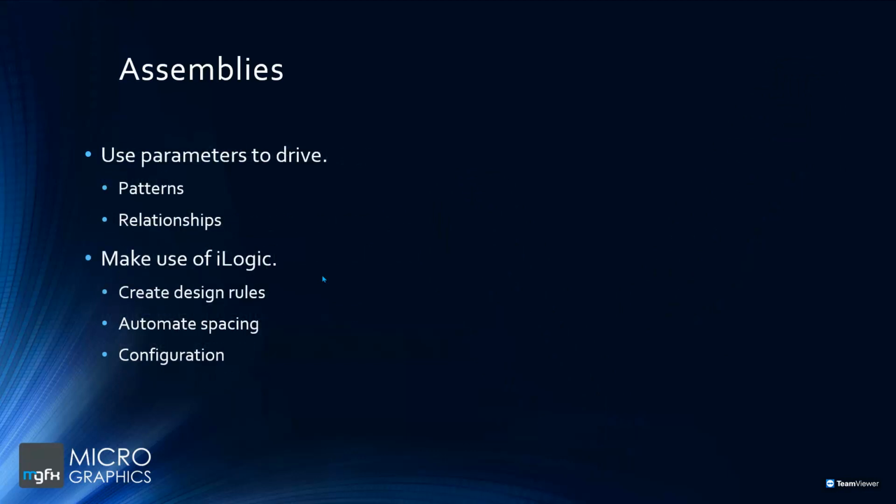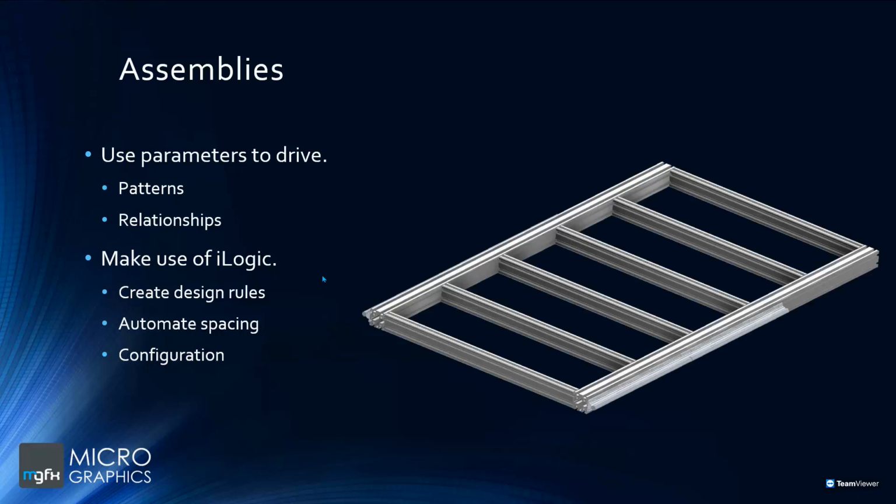Another thing to note here is to also use parameters to drive patterns and relationships in the assembly. So if we look at, once again, this frame here is created using frame generator, and the cross members across the frame, we've got 6 of them there.